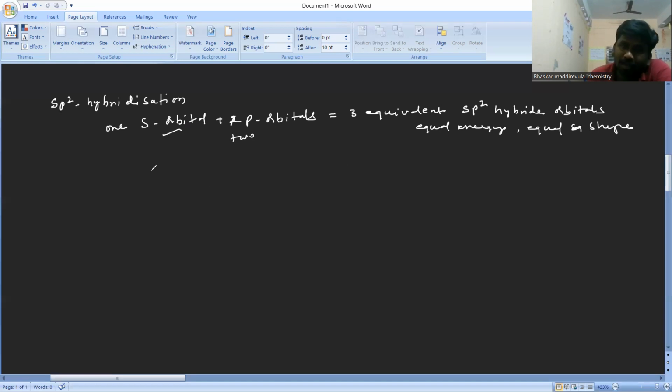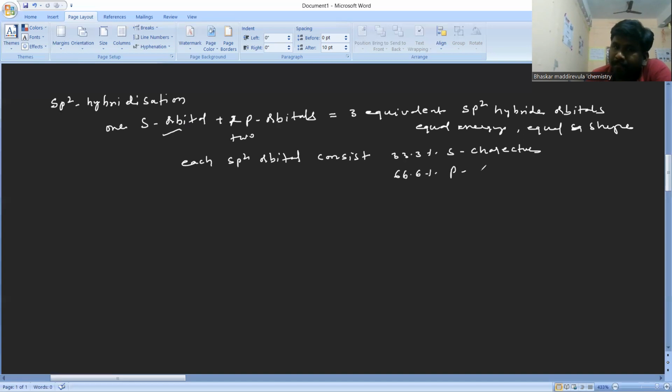Now, in these three sp2 hybrid orbitals, each sp2 hybrid orbital consists of 33.3% S character and the remaining 66.6% P character.